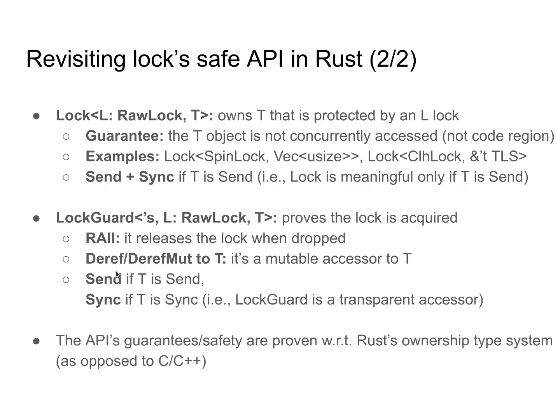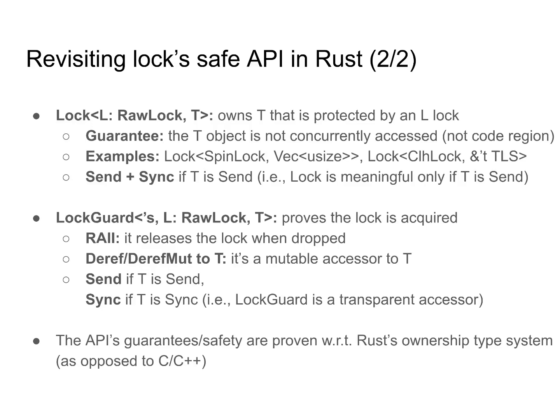Okay, and furthermore, this lock guard is Send if the underlying type T is Send, and it is Sync if the underlying type T is Sync. In other words, this lock guard is transparent in terms of the Send and Sync traits. So let me say it this way. If T is sendable, then you can send the lock guard to the other threads.